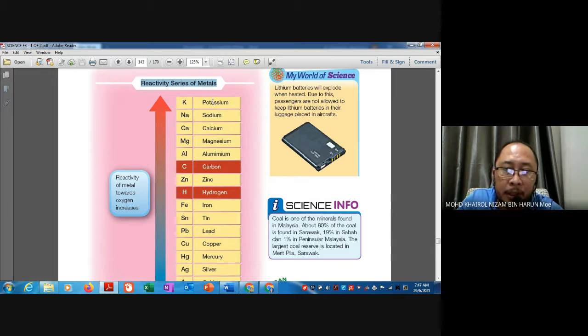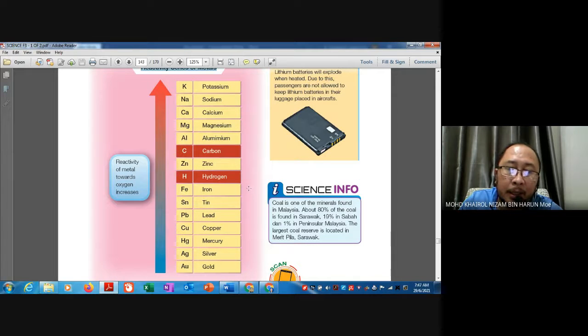So potassium is the most reactive metal. When going down this series, the reactivity decreases. Or, based on this textbook, when going up from the lower position, from gold, to the top position, the reactivity of metal towards oxygen increases.